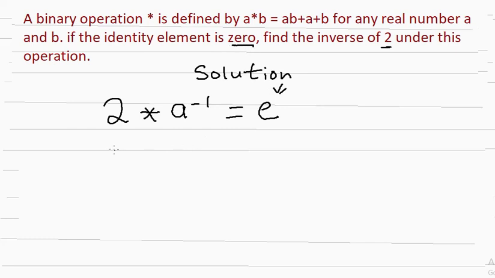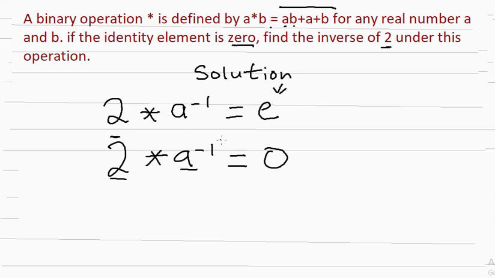So that means 2 * the inverse of 2, which I call A inverse, is equal to the identity element, which is 0. Now we use the definition a * b = ab + a + b to evaluate. In this case, a is represented by 2, while b is represented by A inverse.